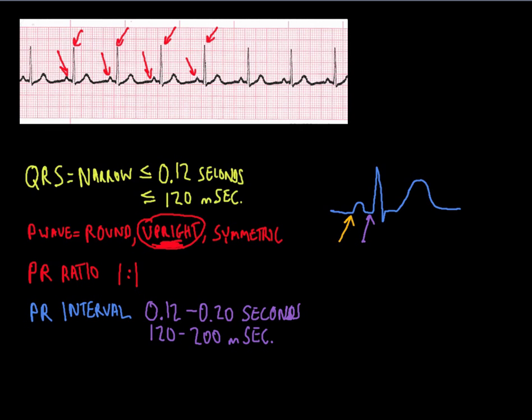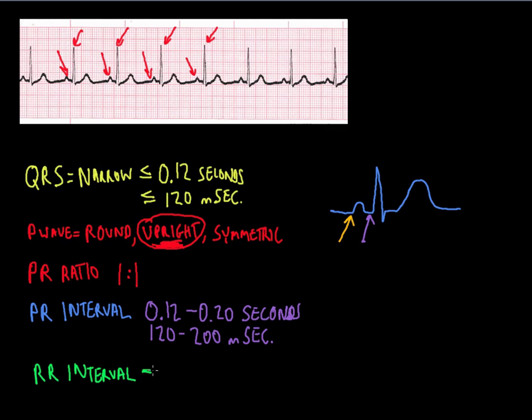Last but not least, what I want to do is look at my R to R interval. With this, I'm not looking at what the actual distance between the beats is.